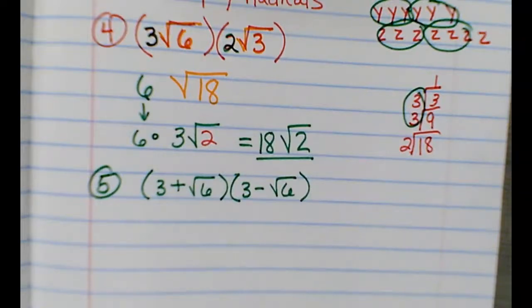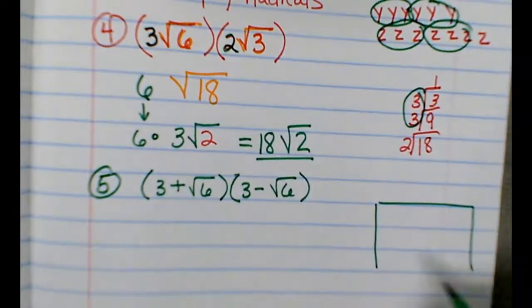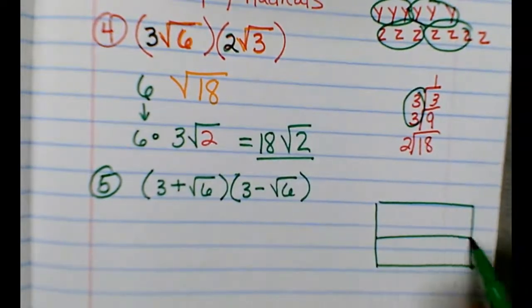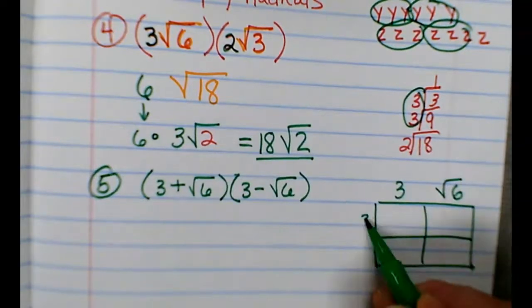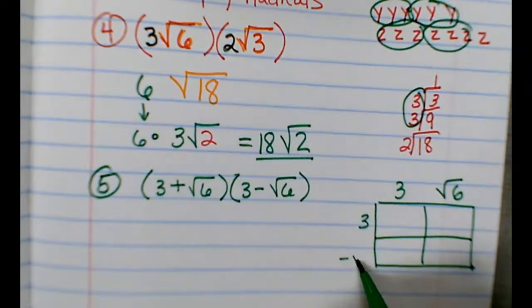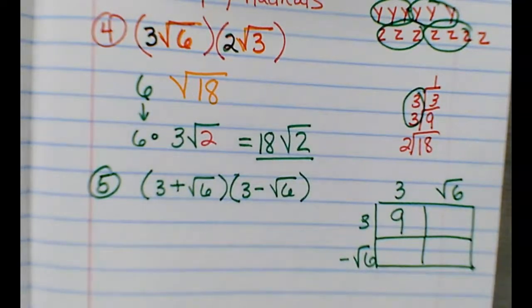Does this kind of look like a box problem? A binomial times a binomial? It is a binomial times a binomial, and so you multiply a binomial times a binomial with a box problem. 3 times 3 is 9.